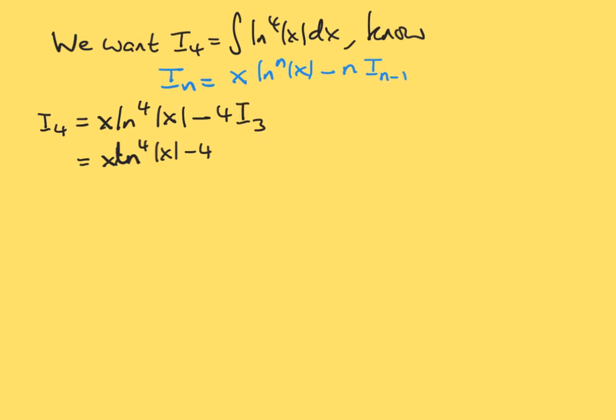We're going to rewrite I3 as a difference of two terms, so we need to open big brackets. And now it is x log cubed of x from this term with n equals 3, and then it's going to be minus n, which is 3, times the integral I, 3 minus 1 is 2. So it's minus 3 I2, close brackets.